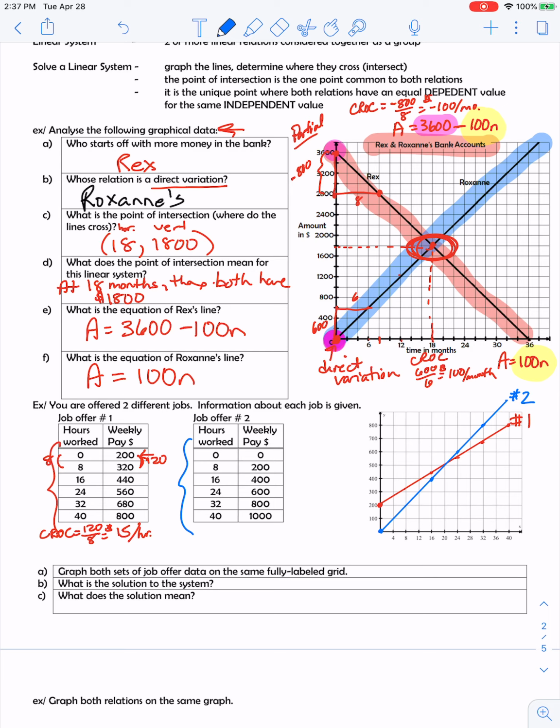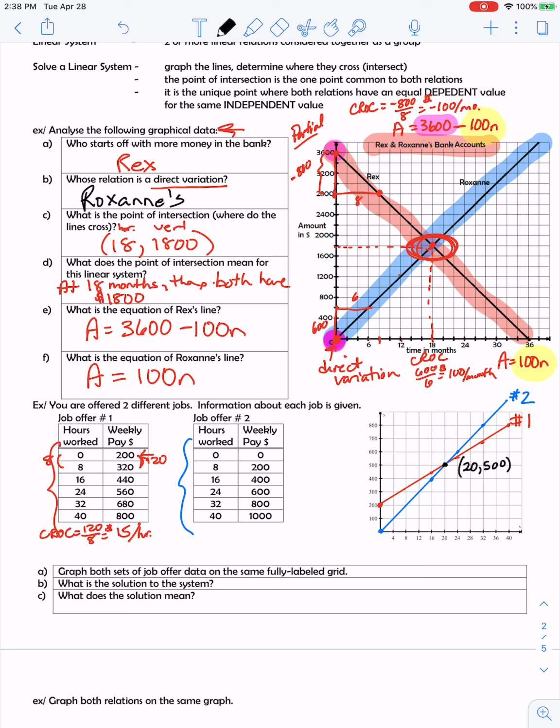So the question really would be in this case, which job should you take? It looks like the solution is right about there. I'm sure if my graph was perfect, it would be right there. And that looks like it's at 20, the point 20 and 500.